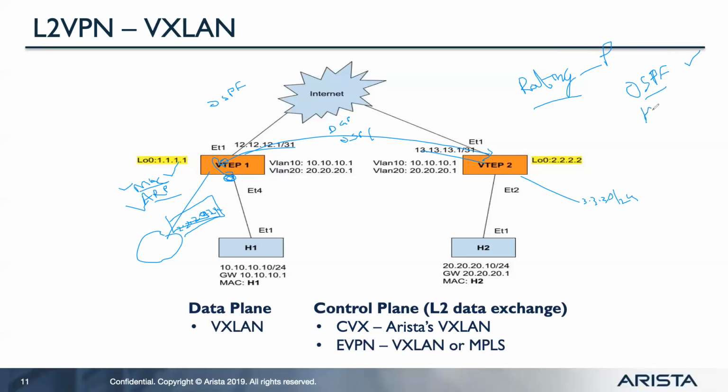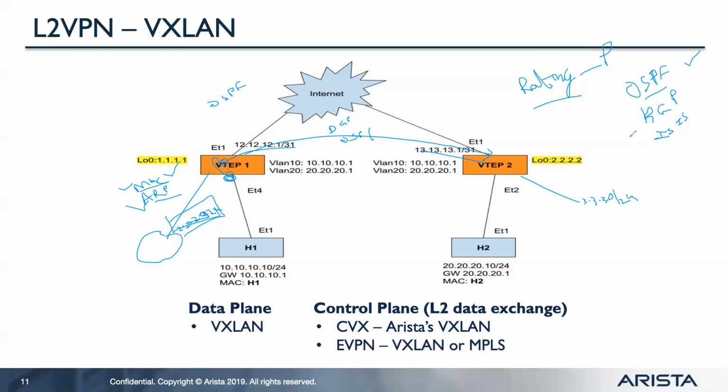So we can use OSPF, we can use BGP, or we can use ISIS. Anything we can use to exchange this MAC and ARP information, similar to IP prefixes, provided that OSPF, BGP, or ISIS also supports that different type of exchange. Is it clear? Are you getting what I mean to say?